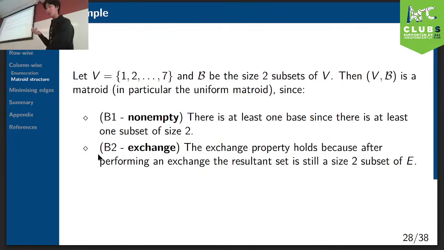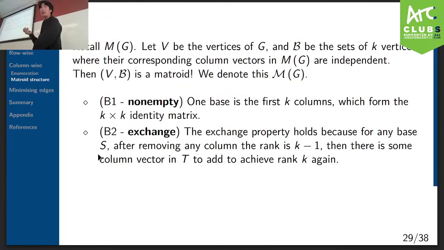Okay, for my particular case, we're going to define the matroid where V is the vertices of G. That should be quite self-explanatory. And B is the set of K vertices where the corresponding column vectors in the graphic presentation of G are independent.